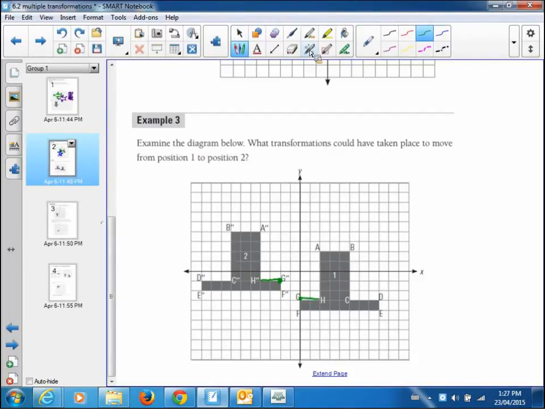Because the other side is 3 units. This side is too long to be a translation. It's definitely had a reflection, because this isn't 3 long here. That doesn't match, right? So let's just reflect it in the y-axis and just think about what happens.